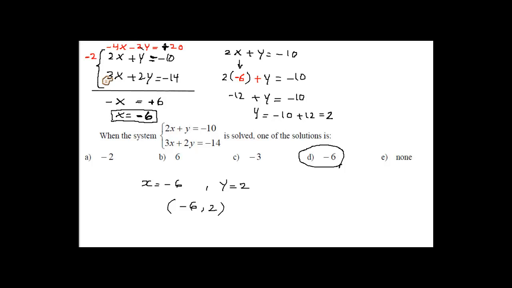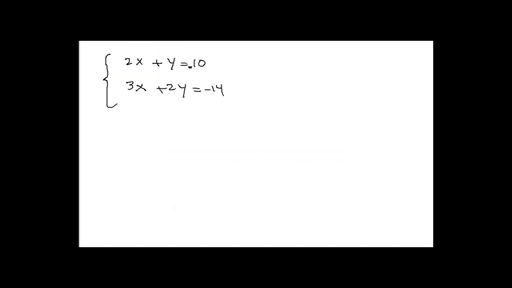Using the same method. Okay, Joshua, do you know what's the first step to eliminate x instead of y first? What do I have to multiply the first row with? By a 3. Multiply the top row by 3 and the bottom row by a -2. Very good. You have to multiply one of them by a negative.